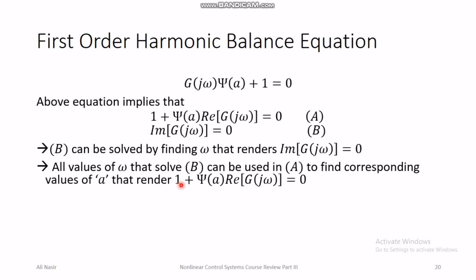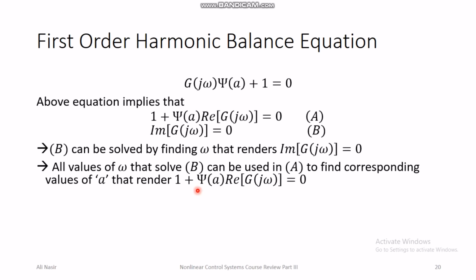So if you substitute the value of omega obtained by solving B into 1 plus psi of A times the real part of G of j omega, you find the value of psi of A, and in turn the value of A, which is the magnitude of the periodic solution, if there is any periodic solution at all.